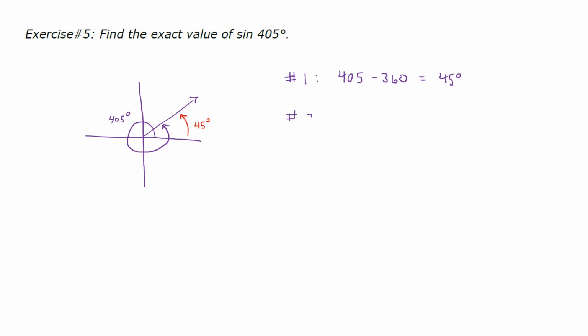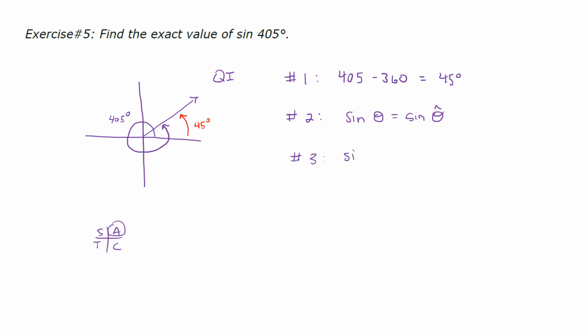So for step 2, we know it terminates in quadrant 1. In quadrant 1, all trigonometric functions are positive. So that means the sine of theta is going to equal the sine of theta hat.